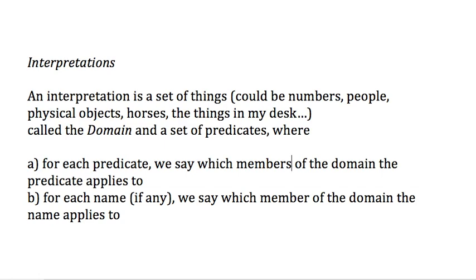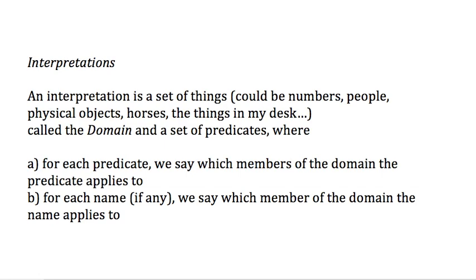And once we've got our domain, then we get our interpretation by doing this. We'll have some predicate letters, the ones that we need for whatever collection of sentences we're interested in. For each predicate letter, we say which things in the domain the predicate letter applies to.